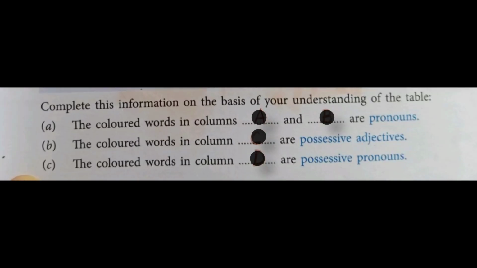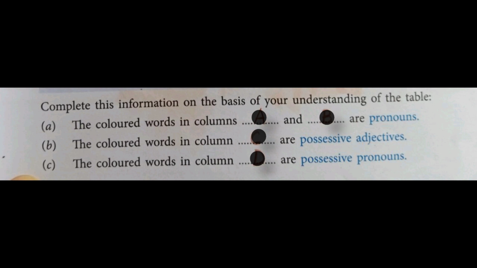Now you can easily complete this information on the basis of your understanding of the table, as we've already discussed all the relevant things. A part: the colored words in columns dash and dash are pronouns. So what are they? Definitely columns A and B are representing those colored words which are pronouns.